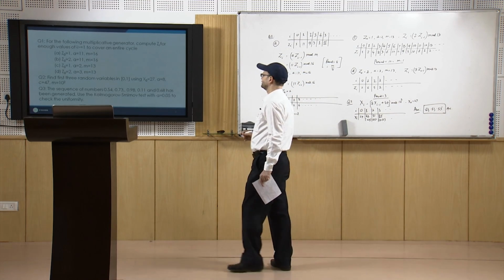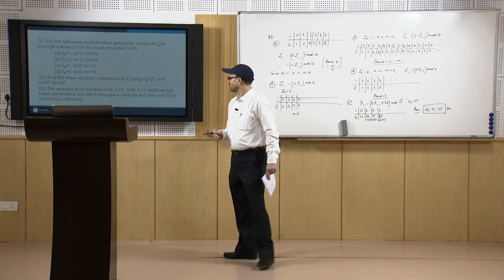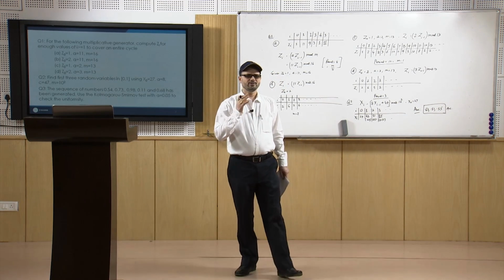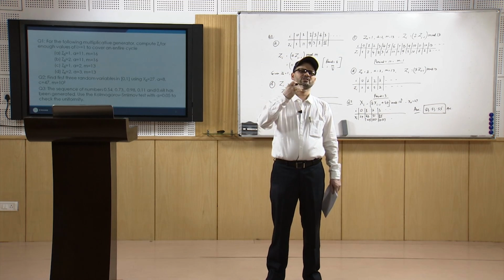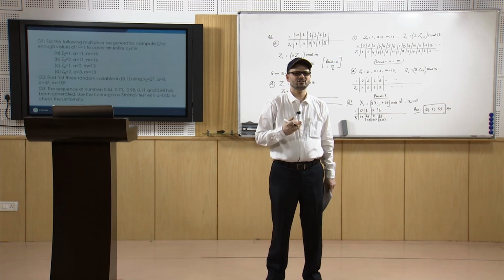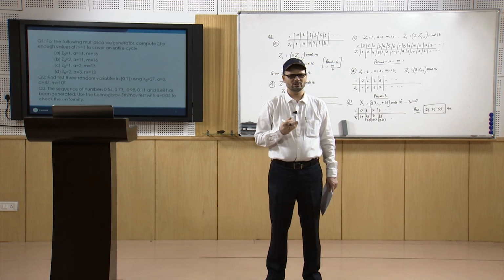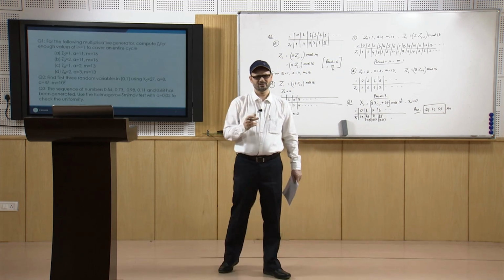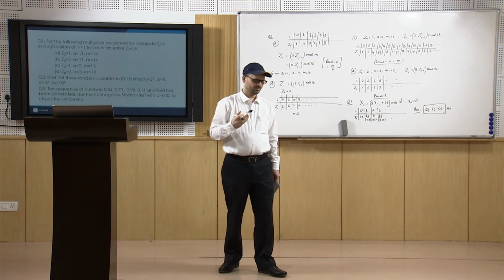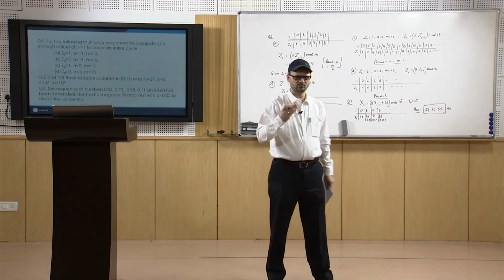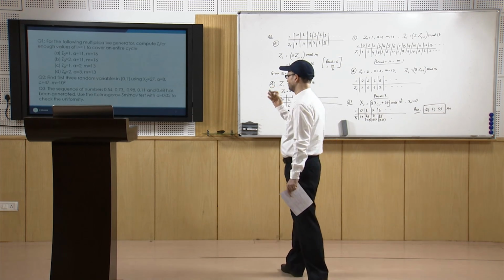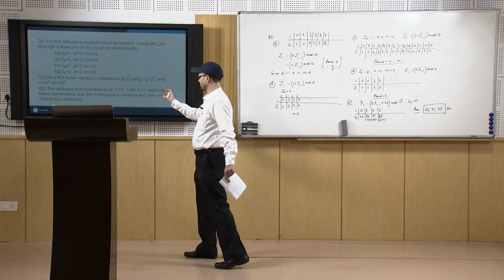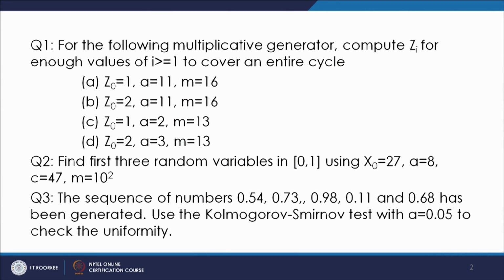The next question is regarding the finding of uniformity, whether a number sequence is uniform or not. You are given a value of alpha, 0.05, to check the uniformity with the Kolmogorov-Smirnov test.